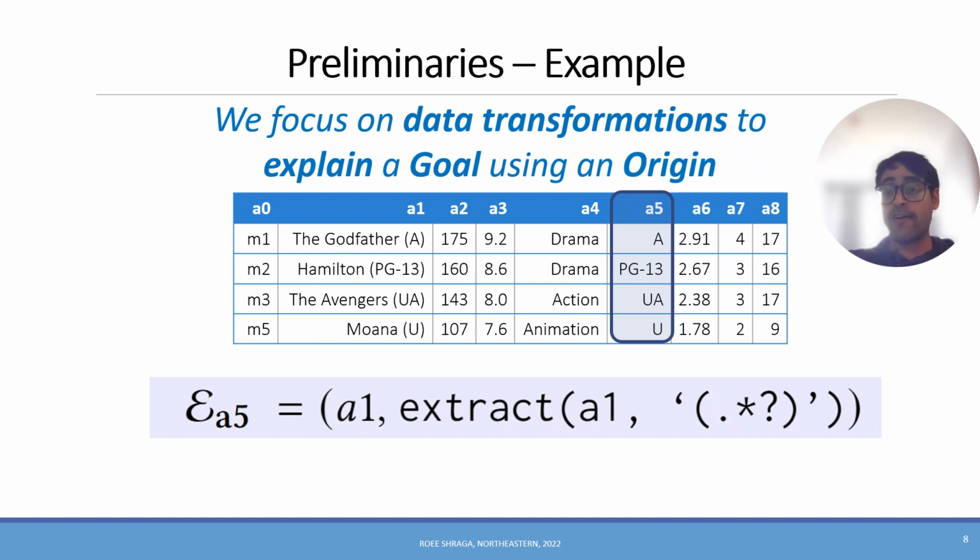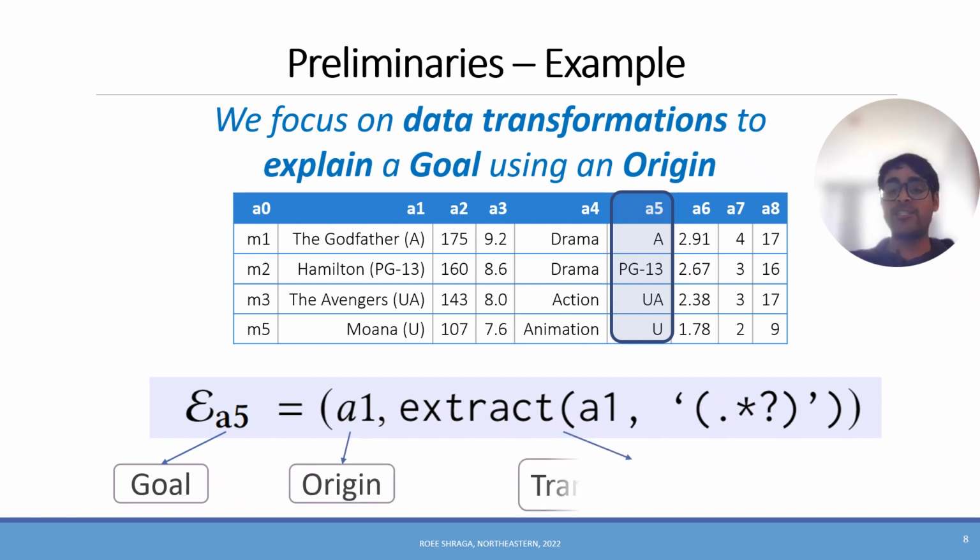Here, A5 was explained using A1 as an origin, and a function that uses extract to extract a certain value from A1 using a specific pattern. So, in our terms, A5 is the goal, A1 is the origin, and extract this specific pattern from A1 is the transformation.